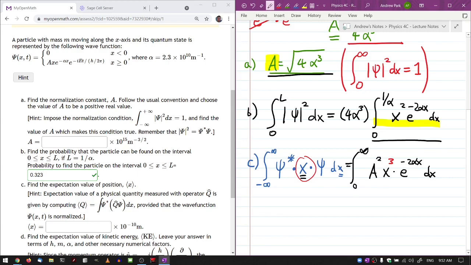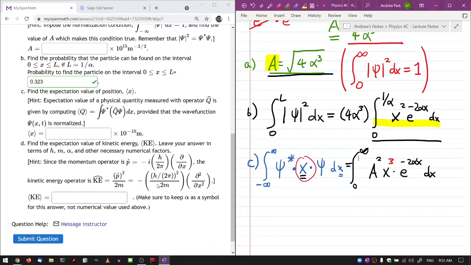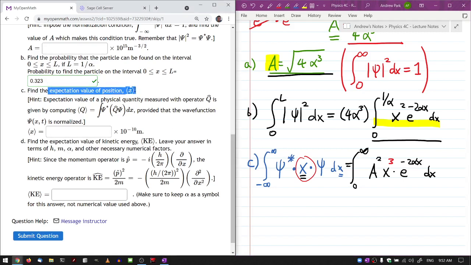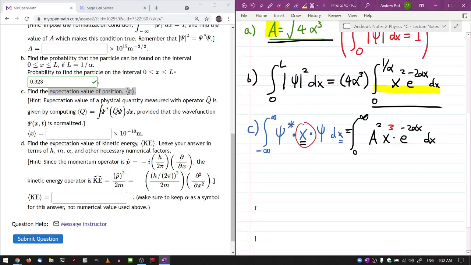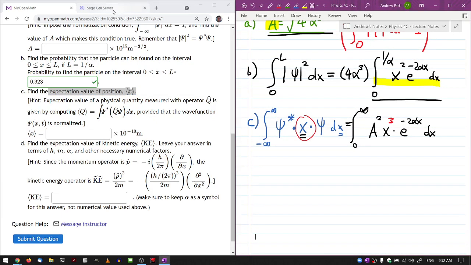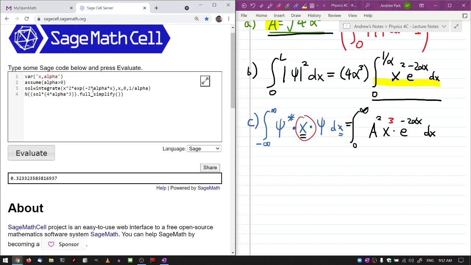So I'm integrating over all space again, so I'm not arbitrarily limiting the interval in which I'm looking for the particle. For calculation of the expectation value, you do have to do it over all space, over all possibilities.